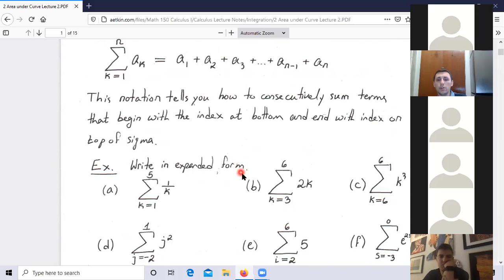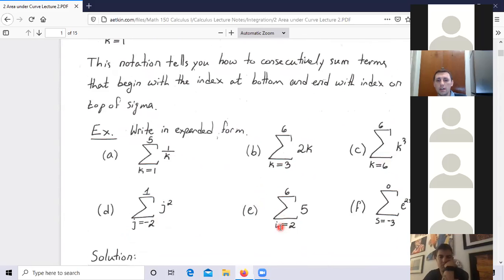Now, what do you think it will be for e? Where I have i equal to 2 all the way to i equal to 6 of 5. What do I write?